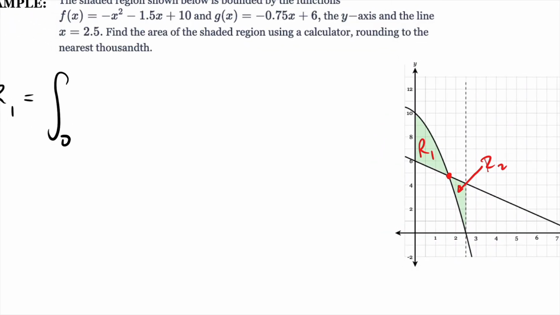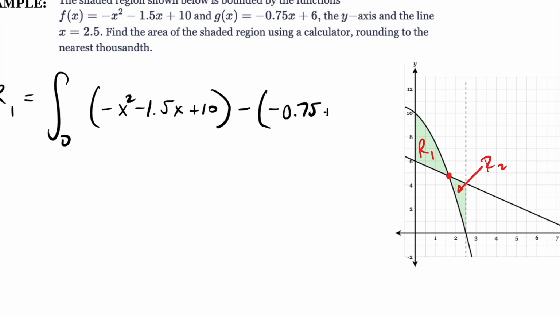Top function is the parabola. Okay, so negative x squared minus 1.5x plus 10 minus the bottom, which is the linear, dx.